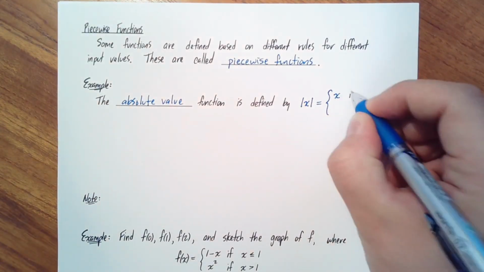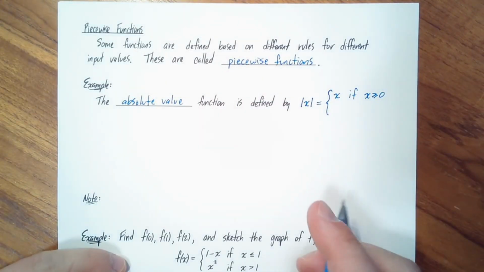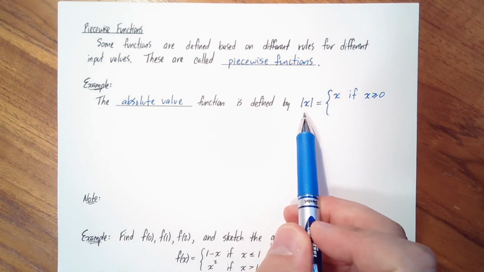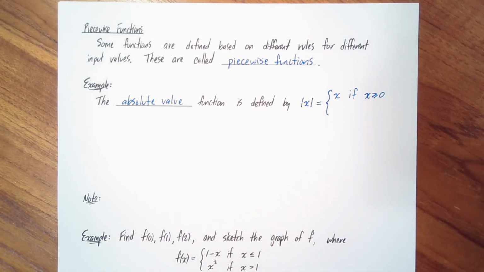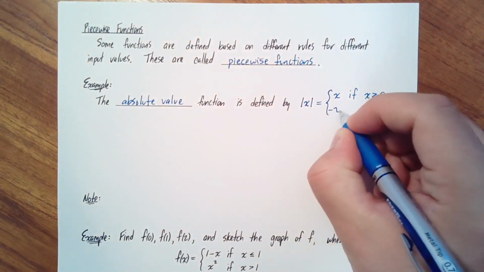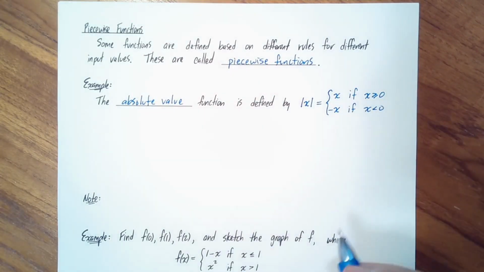So it's going to be x if x is greater than or equal to 0. But if x is a negative number, what effect does the absolute value have on a negative number? It just throws the negative away, right? So in this case I'm going to return negative x if x is less than 0.